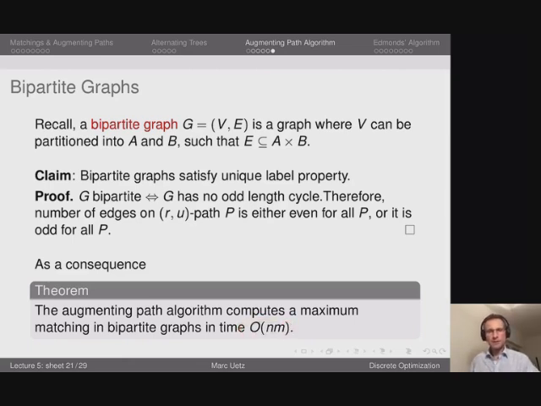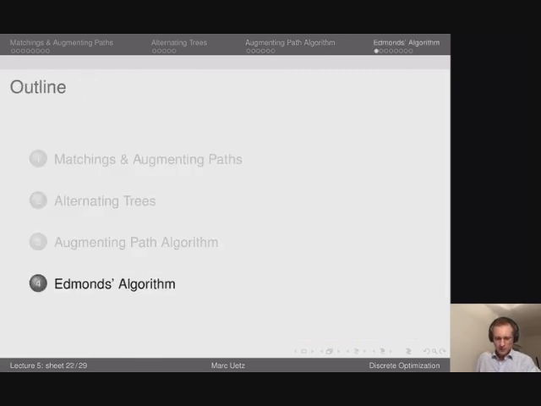And then the final part of the lecture is going to treat the case when we have arbitrary, so also non-bipartite graphs. So how do we treat these odd length cycles? And that is exactly the contribution of Jack Edmonds' paper from 1965, in which he, for the first time, gave a polynomial time algorithm to compute matchings in general graphs, not only bipartite graphs.